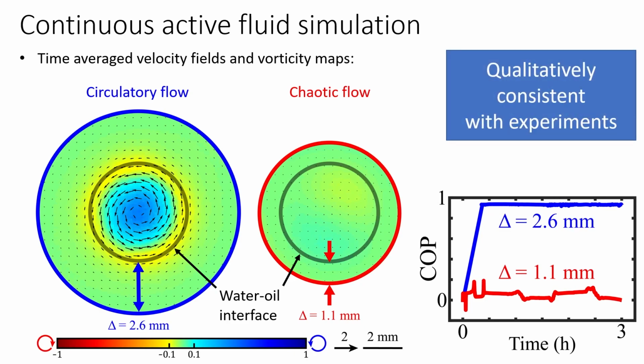Here, we concluded that our attempt at adapting an existing model to describe our active droplet system was successful. The active fluid model captured our main experimental finding qualitatively. Next, we want to dive deeper to examine if the model can describe our system quantitatively.